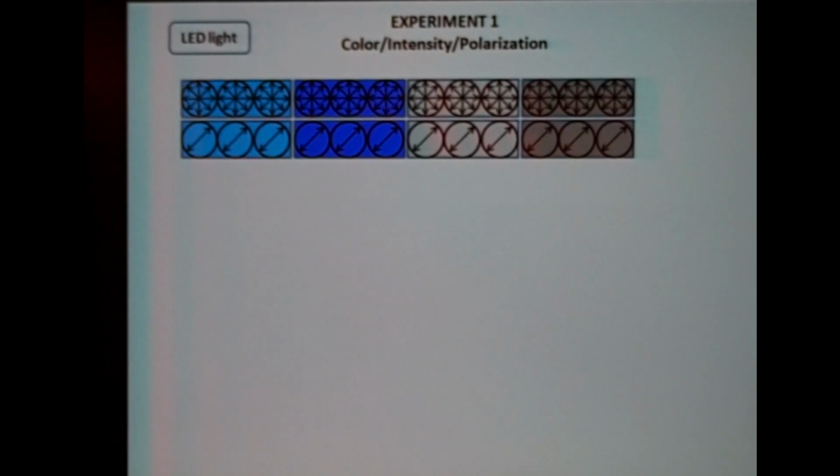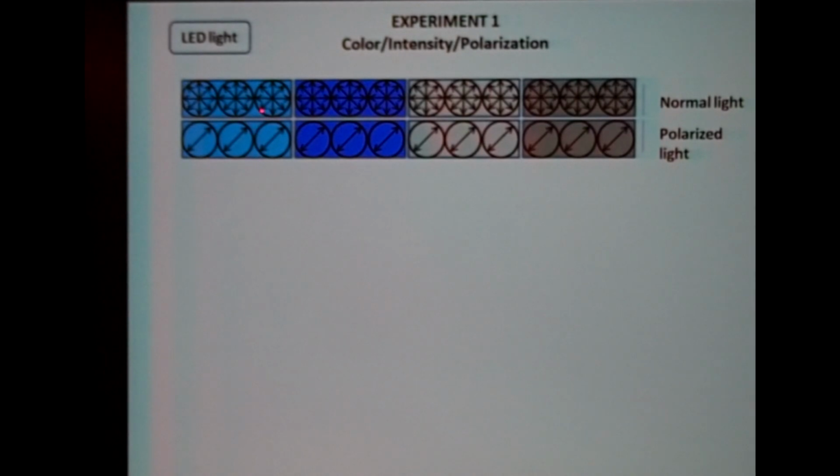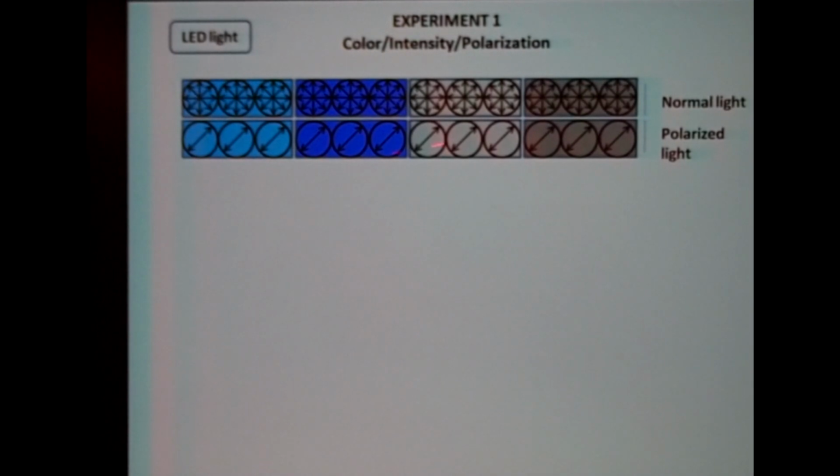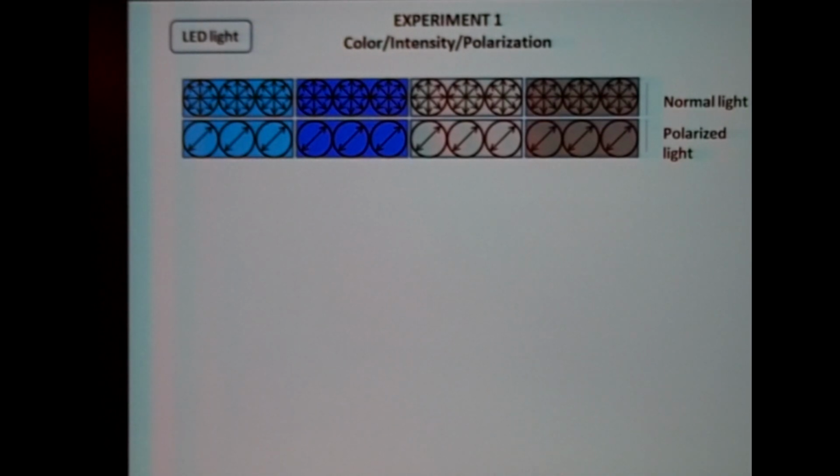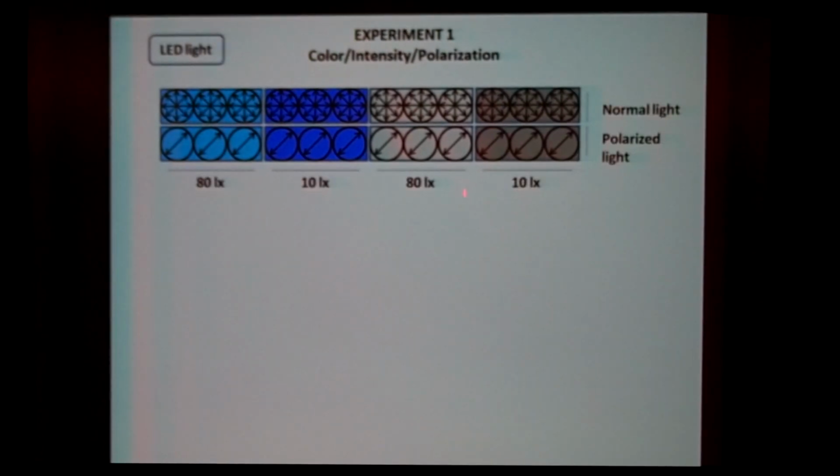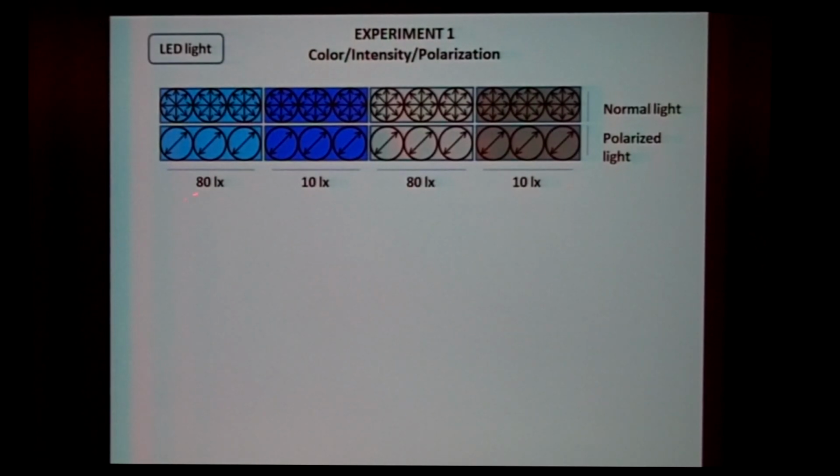The first experiment was with LED light. This row was with normal light. In this tank, we use a polarized filter. In addition, we use two different intensities, 10 lux and 80 lux.